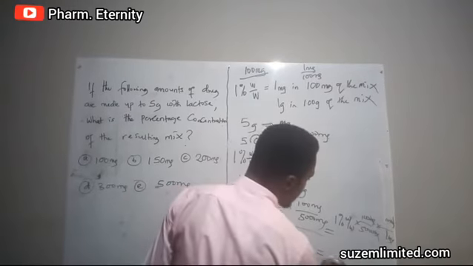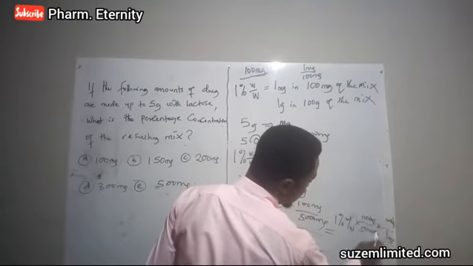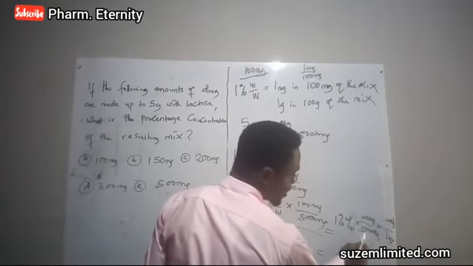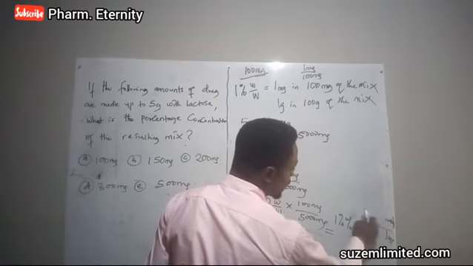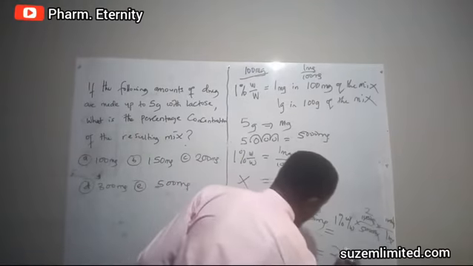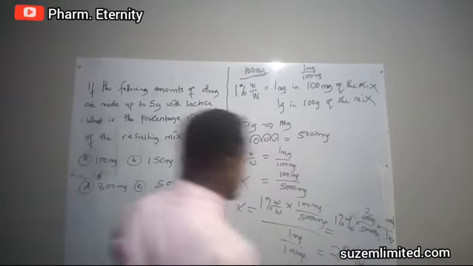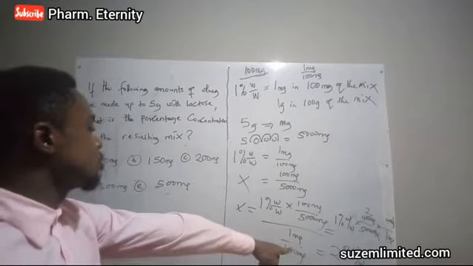At the end, we get 5,000 and 100. 20 here will cancel 20 here. What remains here is 50. So 50 divided by 100 gives us 2. 2 times 1% weight per weight gives us 2% weight per weight. This is the percentage concentration.